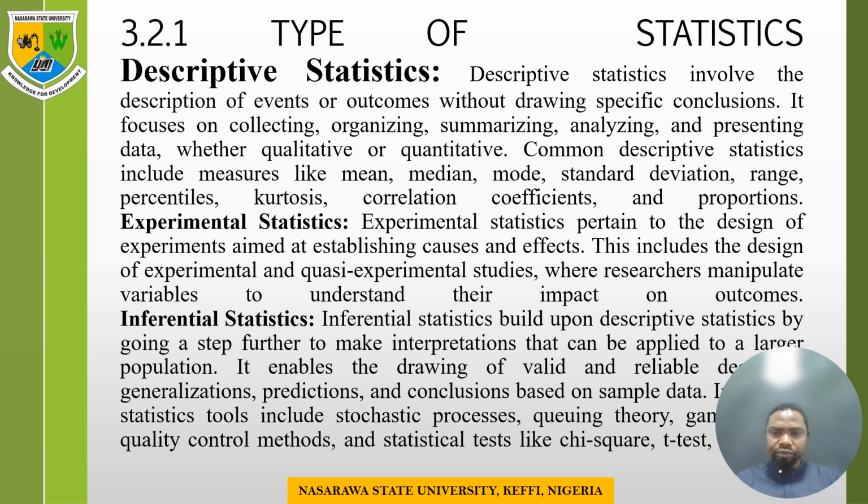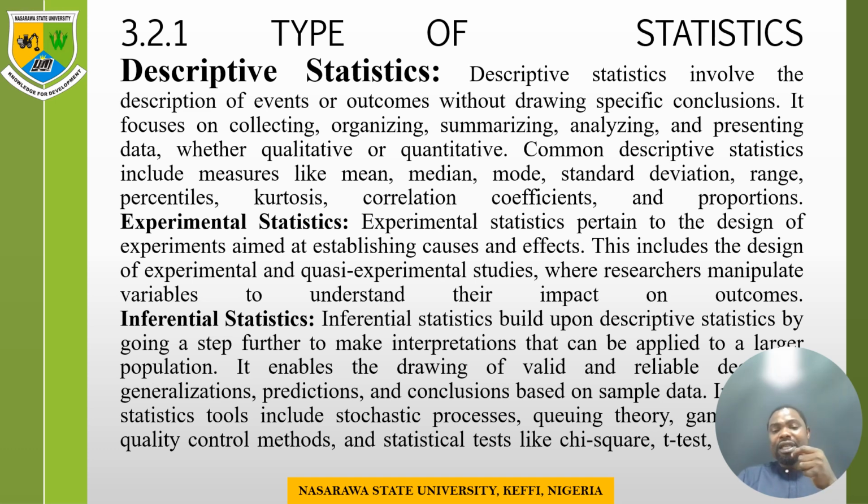Now, common descriptive statistics include the likes of the mean, the median, the mode, standard deviation, range, percentile, correlation coefficients, and also proportions. Another one is experimental statistics. The experimental statistics pertain to what?